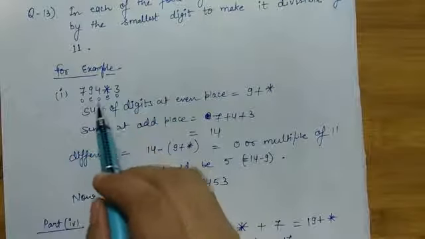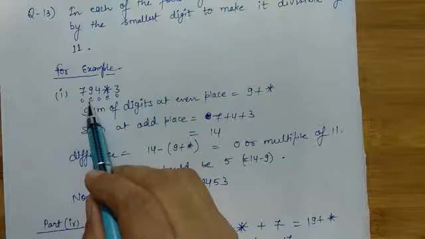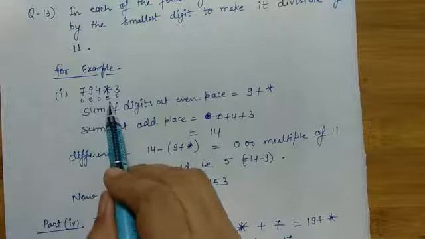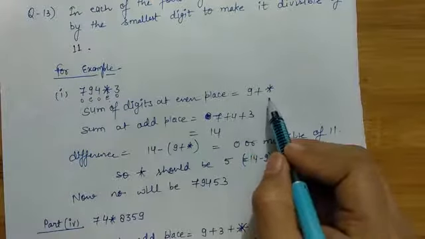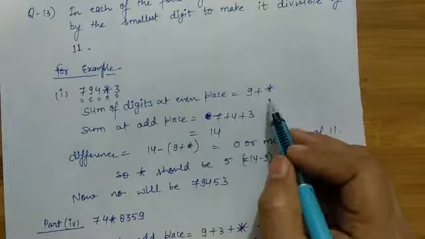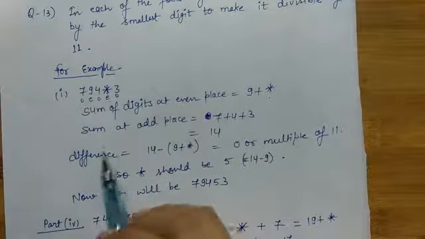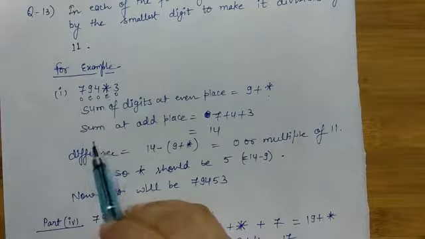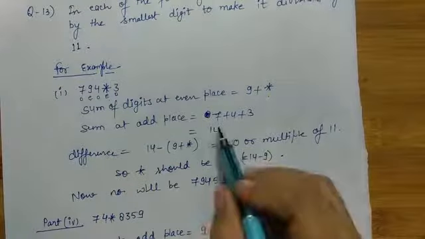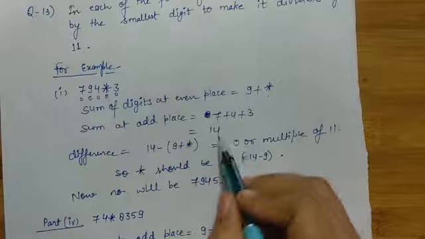So at even place we have found 2 digits, that is 9 and the asterisk. So we will first add them, 9 plus asterisk. Since asterisk is a variable, it is not going to be added to 9. Now we will move forward to find the sum at odd place. So sum at odd place will be 7 plus 4 plus 3, that is 14.